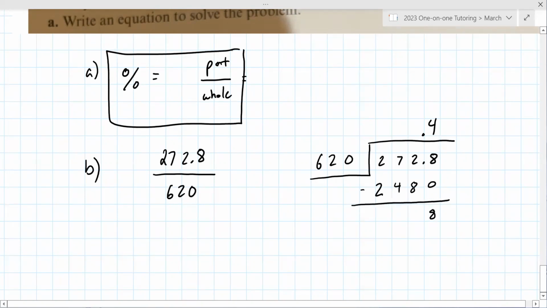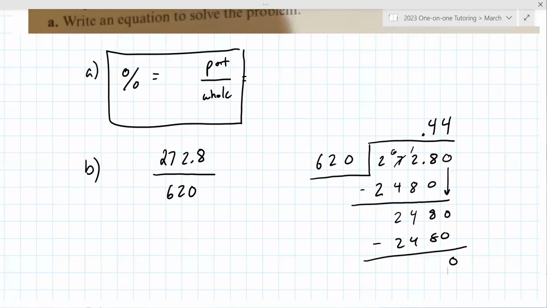Are you actually doing this longhand? Wow, that's painful. You have to borrow from the 7, 4. Then you bring a 0 down, and then it ends up being 44.